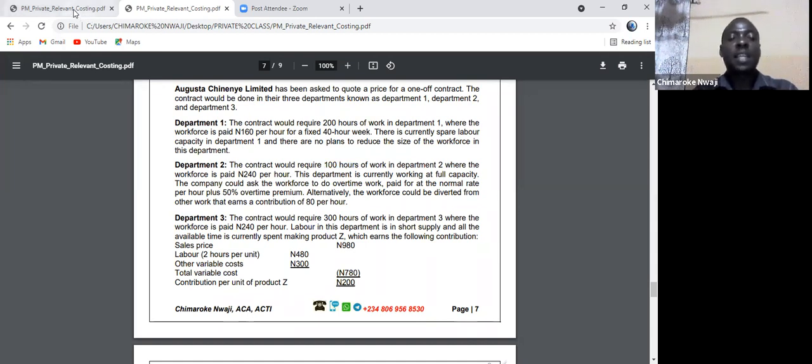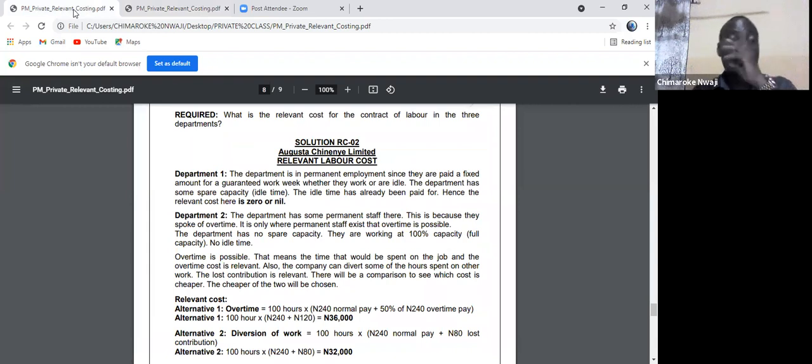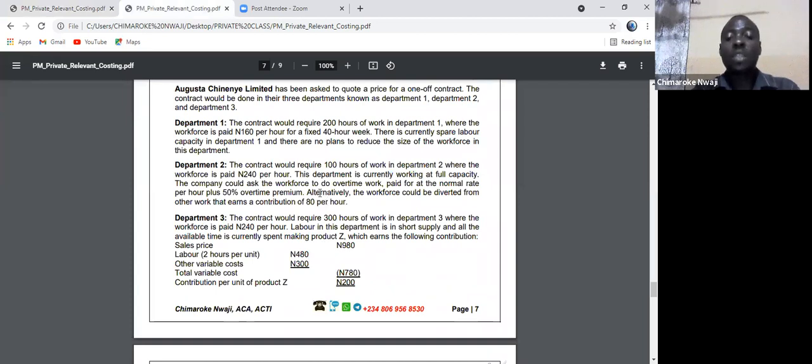But you see here that you would have taken that course, because asking them to do overtime is a choice if they agree. So we've gotten 36,000. But now you say alternatively, which is another choice.